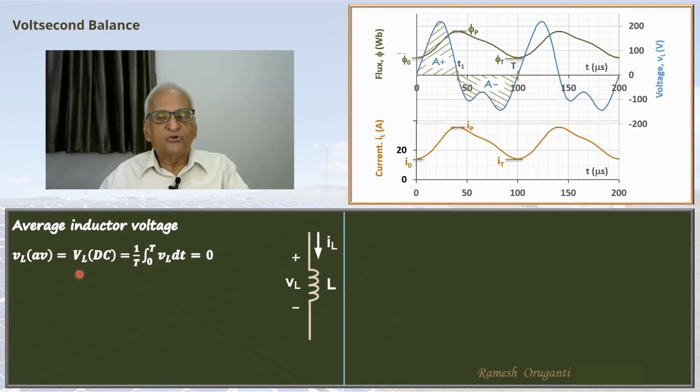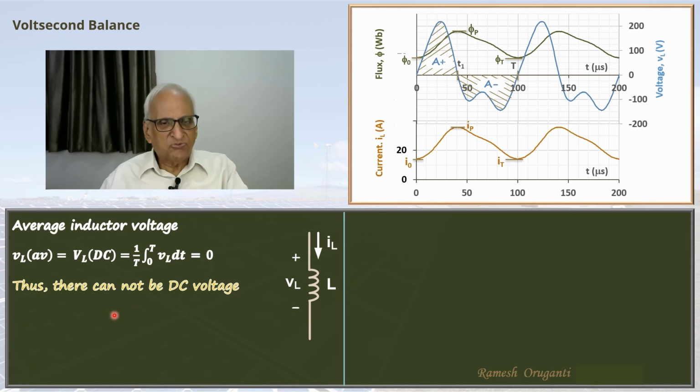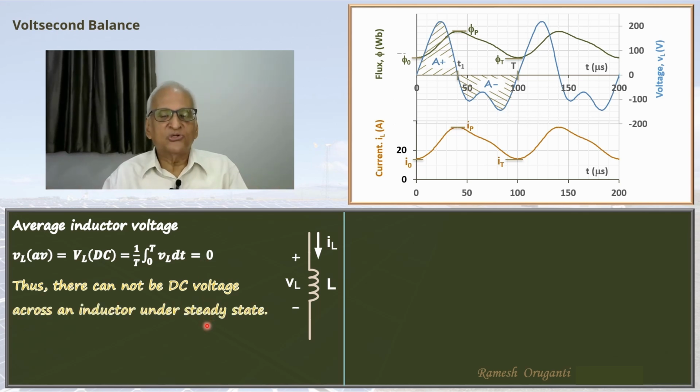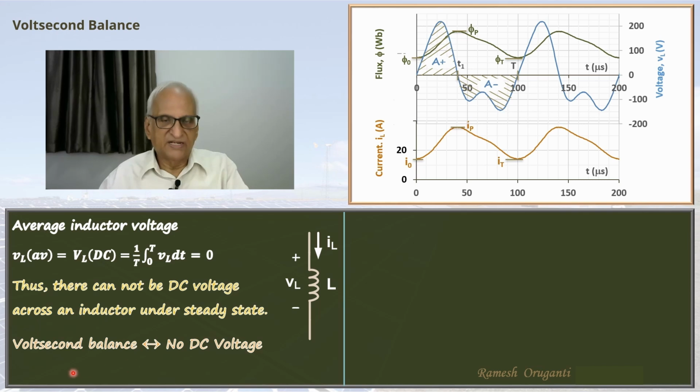So average voltage will be 0. There cannot be DC voltage across an inductor under steady state because Voltseconds is 0. So the idea of Voltsecond balance and the idea of there cannot be a DC voltage, both are identical ideas. We are talking about the same thing in slightly different ways.